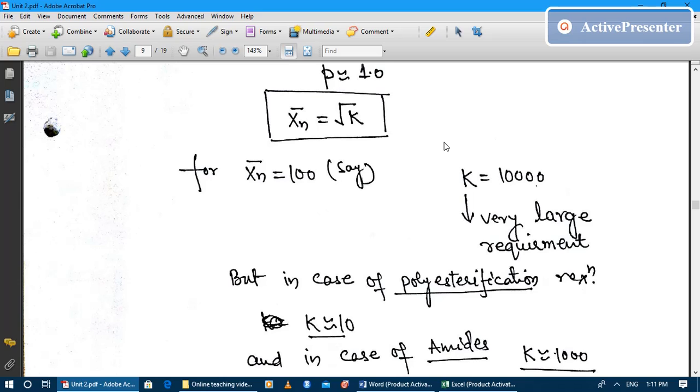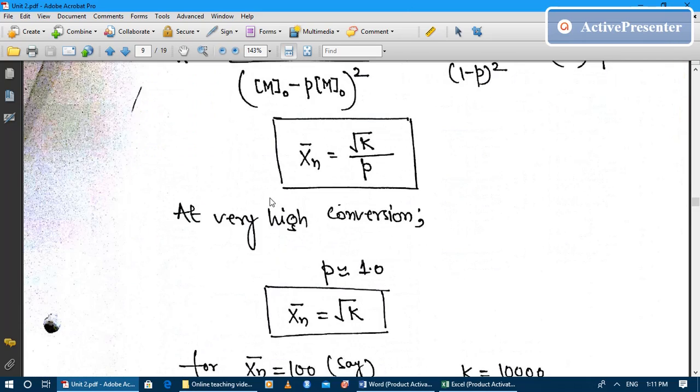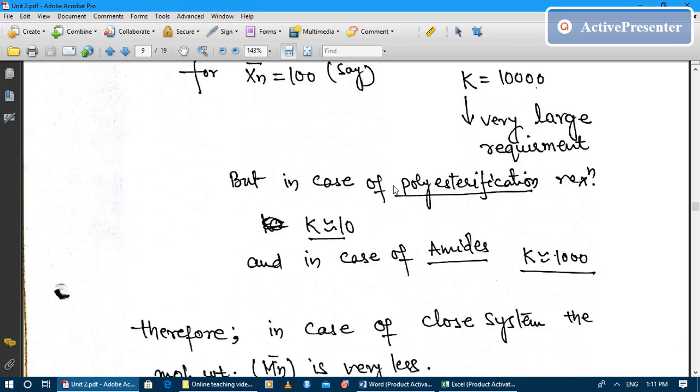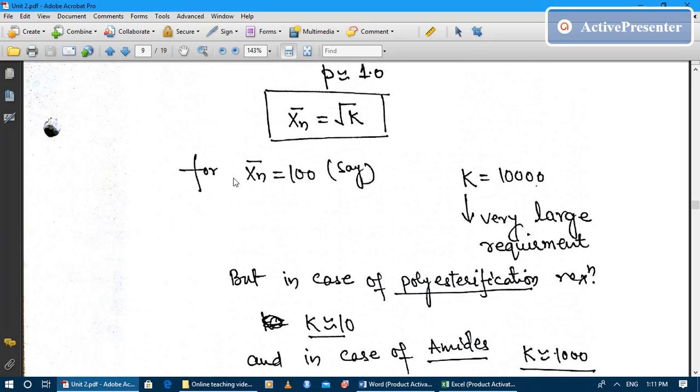So we can say that in the case of a closed system, we are not capable of forming polyester of sufficient molecular weight. We will be just getting a viscous liquid containing oligomers of 3 or 4 repeating units.